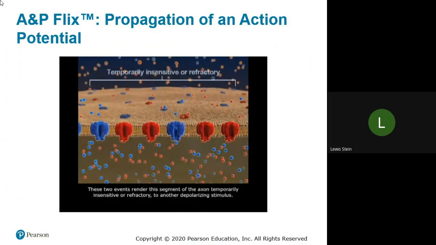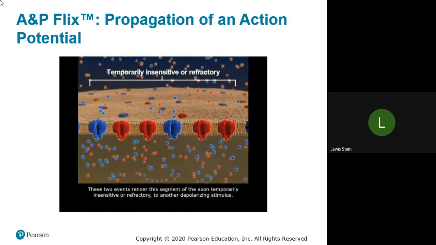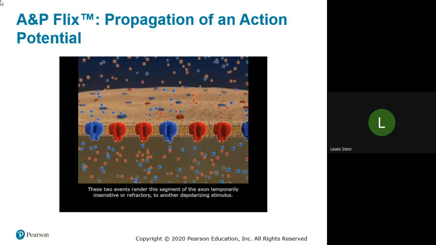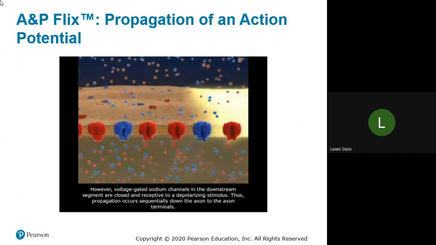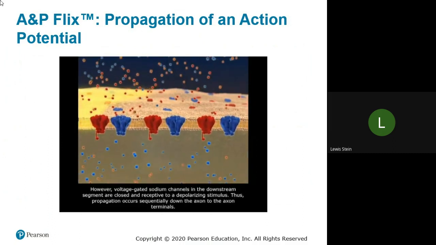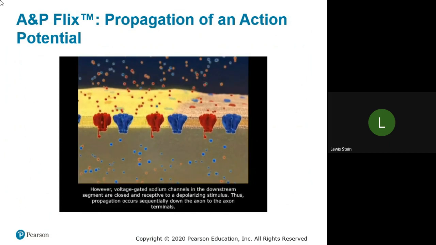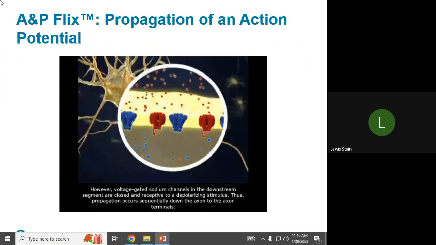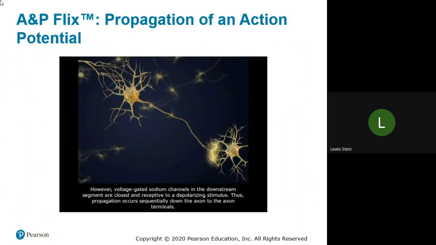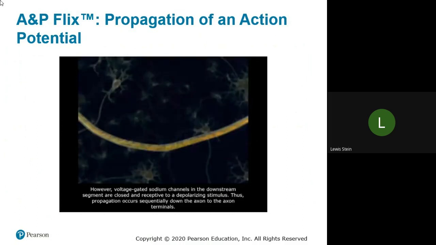These two events render this segment of the axon temporarily insensitive or refractory to another depolarizing stimulus. However, voltage-gated sodium channels in the downstream segment are closed and receptive to a depolarizing stimulus. Thus, propagation occurs sequentially down the axon to the axon terminals.